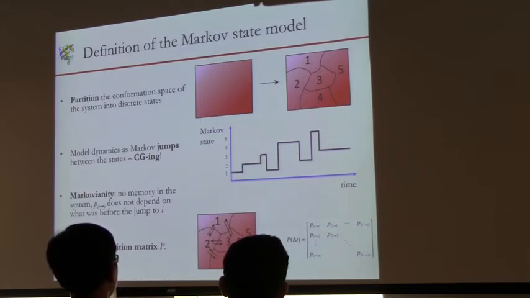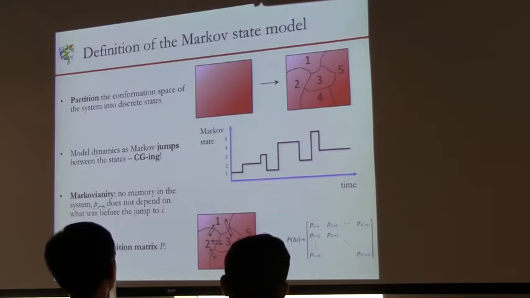So if the partition of the configuration space into different regions makes sense from the physics of biology, then this approach has very good chances to give us a reasonable, though simplified, representation of the system.